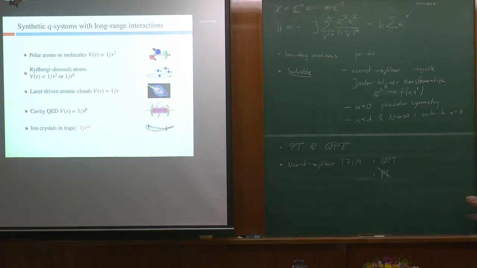This is maybe not so unexpected because most one-dimensional systems don't have thermal phase transitions. This is not a 100% strict statement. You can get around this. And you will see long-range interactions are one way of getting around this statement. But the nearest neighbor version, this is the case.